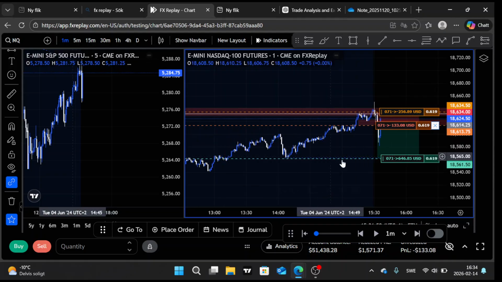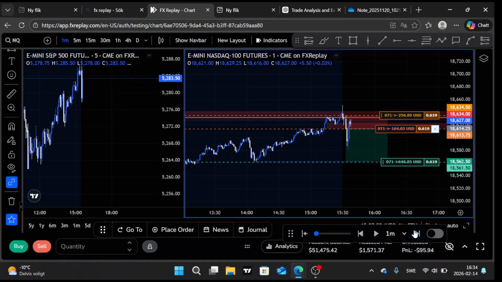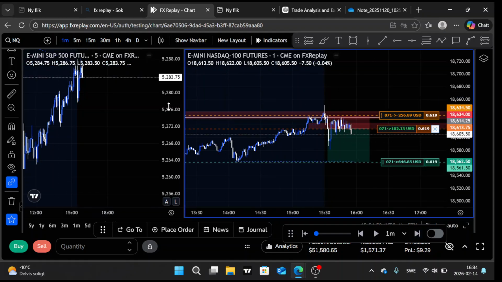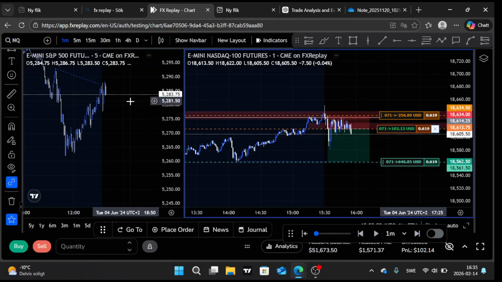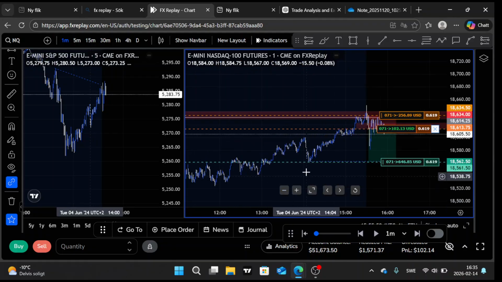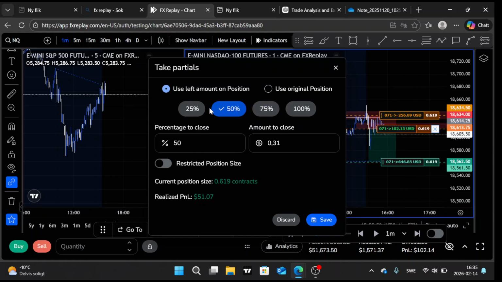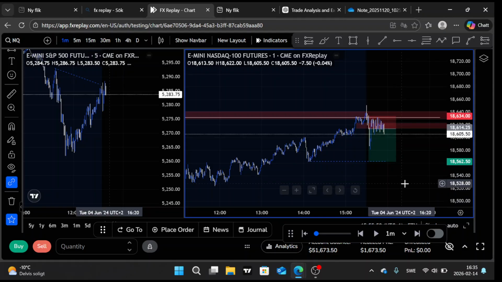Right now, let's see if I had the right bias. Here we go. We still hold that bearish SMT, so that means we could still go lower to this. But right now I'm out.